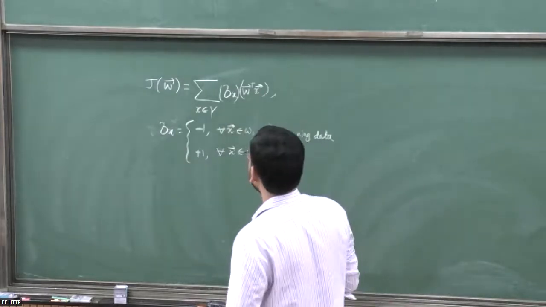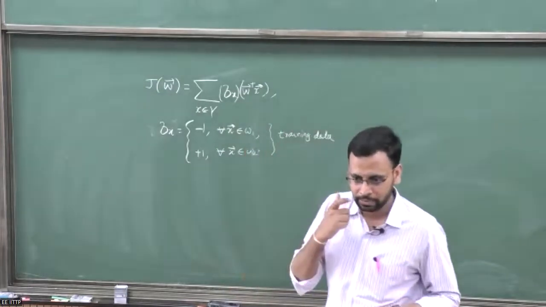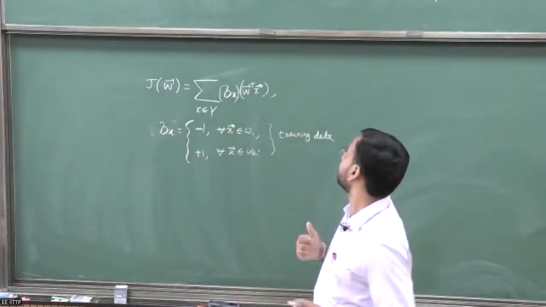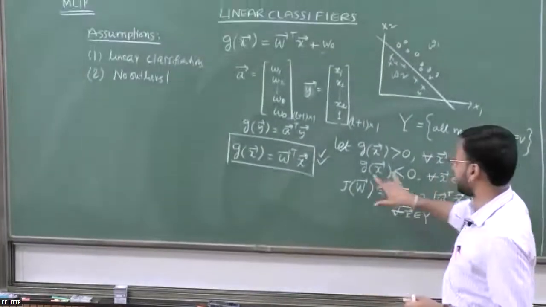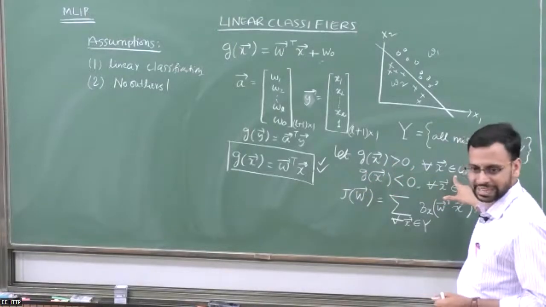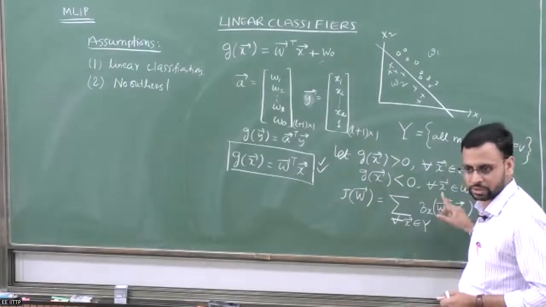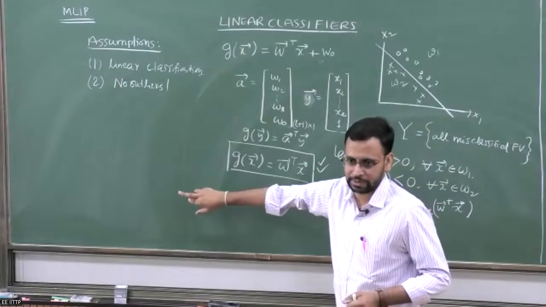Well, now you have the loss function. This is what I have mentioned here, so this is my assumption: let g of x bar be positive for class 1 and negative for class 2. If I had switched them here, I should also switch it there. That's all. Minus plus.